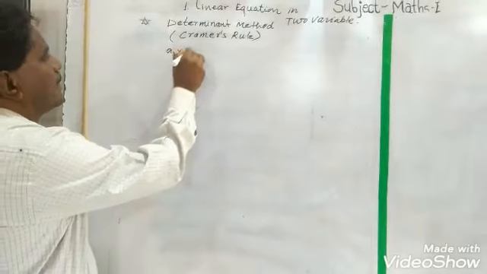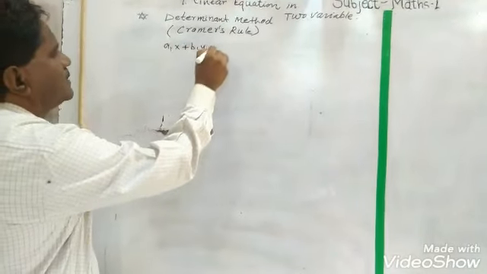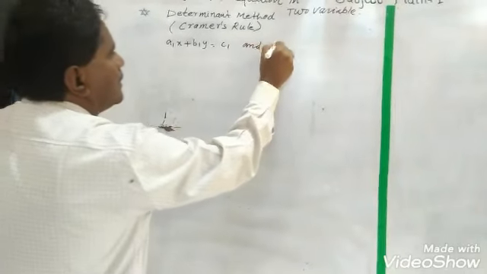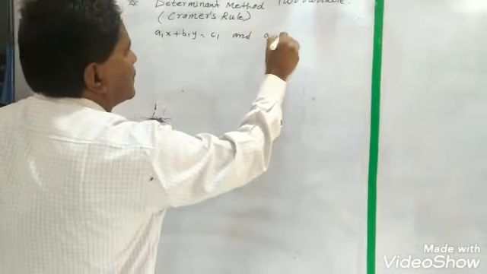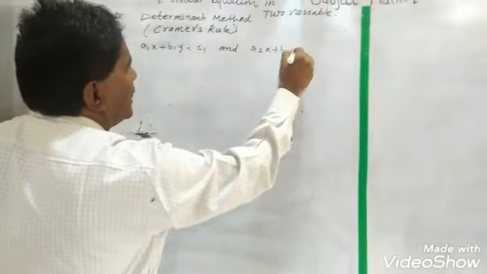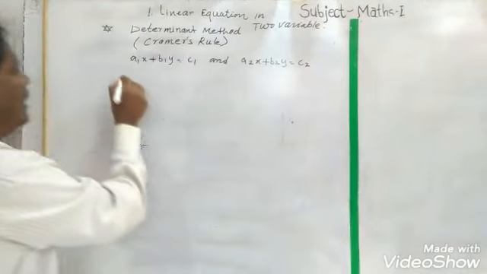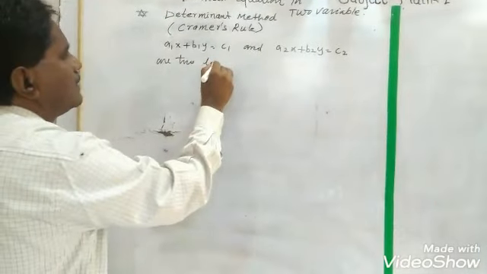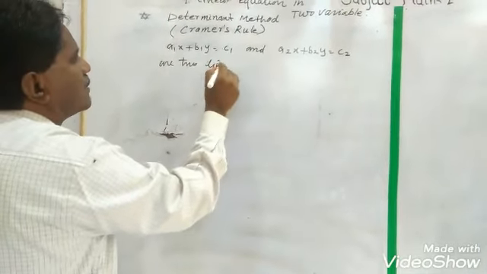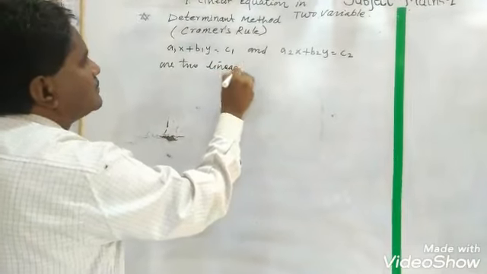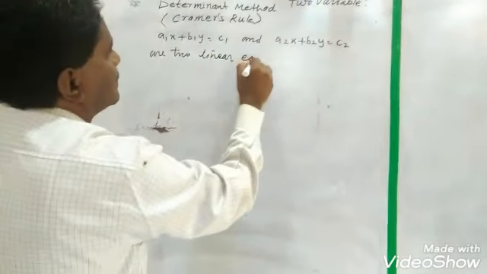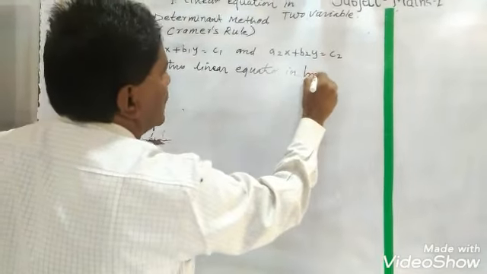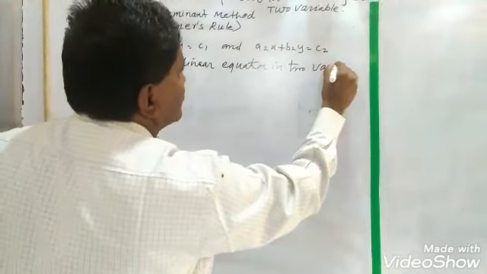a1x plus b1y is equal to c1 and a2x plus b2y is equal to c2 are two linear equations in two variables.